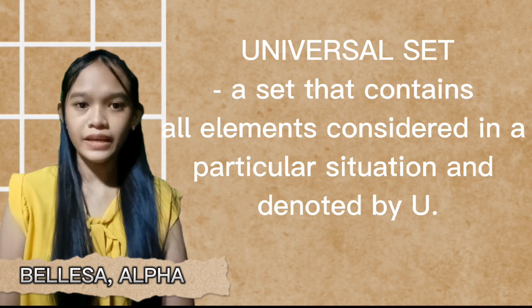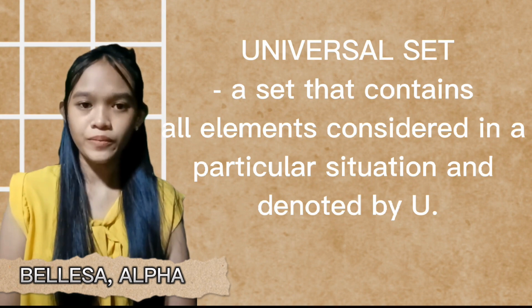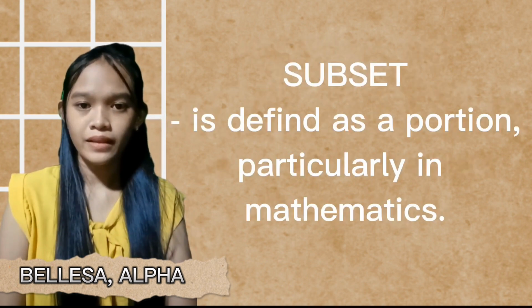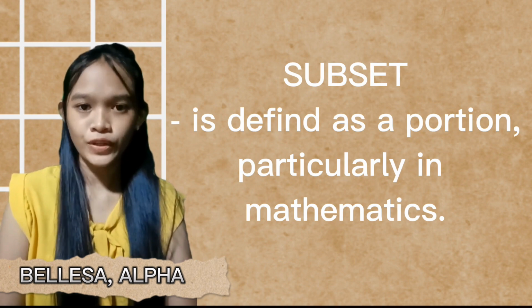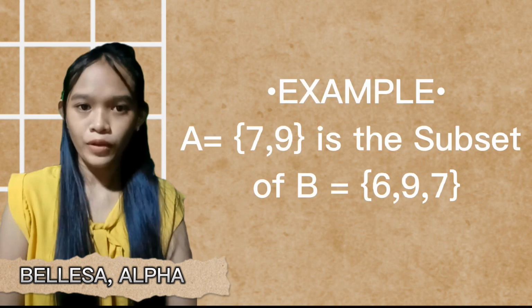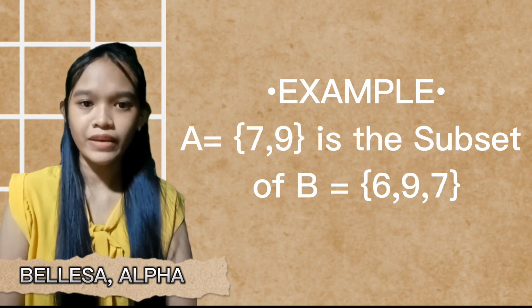A universal set is a set that contains all elements considered in a particular situation and is denoted by U. Example is this one. Next is subset. It is defined as a portion, particularly in mathematics. For example, A equals {7, 9} is a subset of B equals {6, 9, 7}.